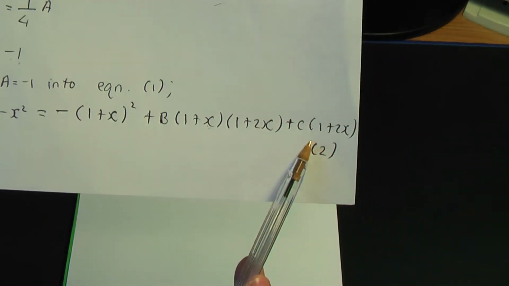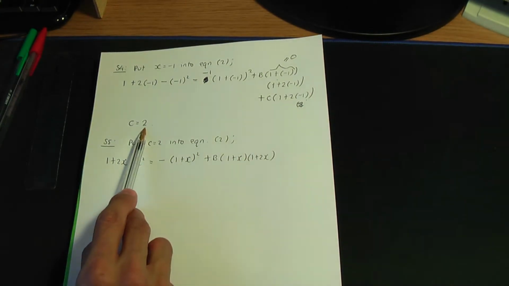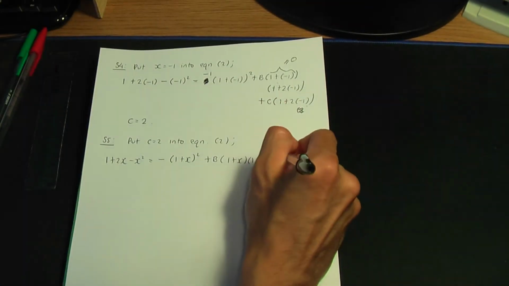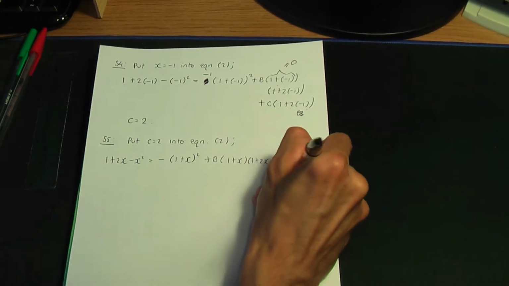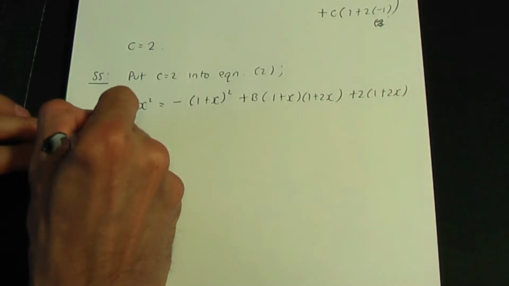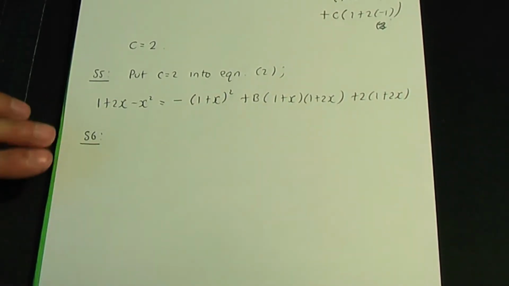Now c we worked out, c is 2, so plus 2 into 1 plus 2x.